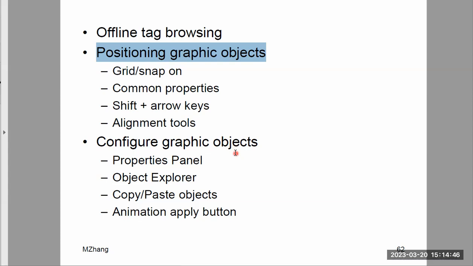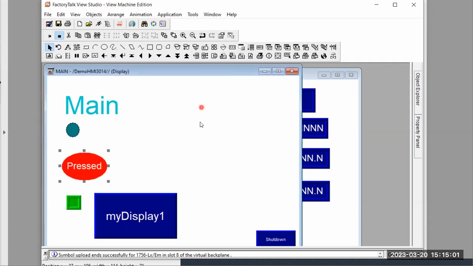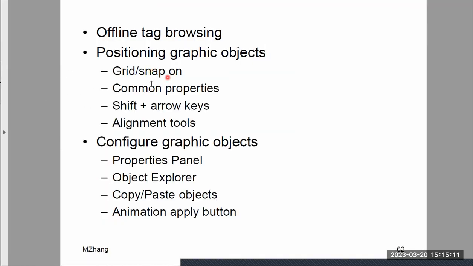At the beginning, you probably just roughly locate your object anywhere you want, and later on you become a little bit picky. You want more accurate control, for example, to line up your object at a specific location. When you reach that point, you could do something here.